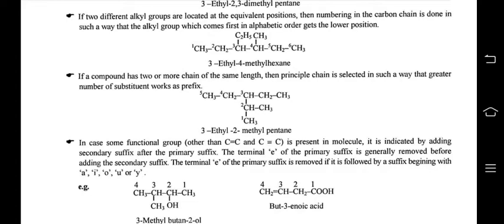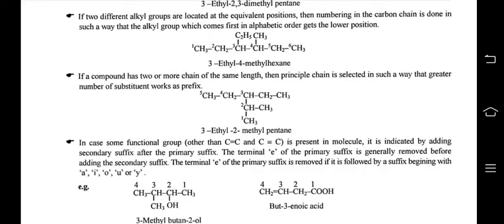So in this case, if you select the longest continuous chain, 1, 2, 3, 4, 5 in this way, we will get 2 substituents at position number 2 and position number 3. So we can name it as 2,3, so 3-ethyl-2-methylpentane. So the selection process is the most important. We have here 2 options.